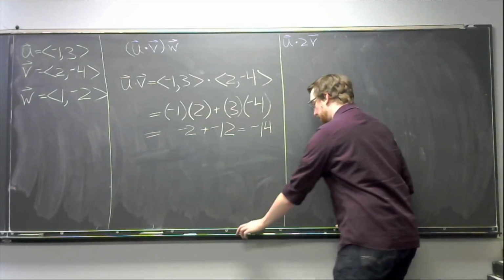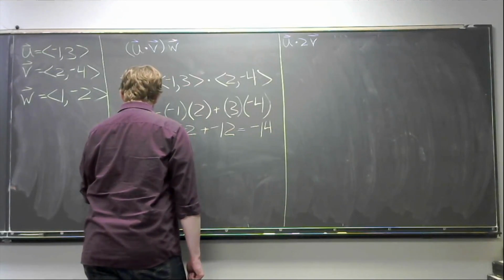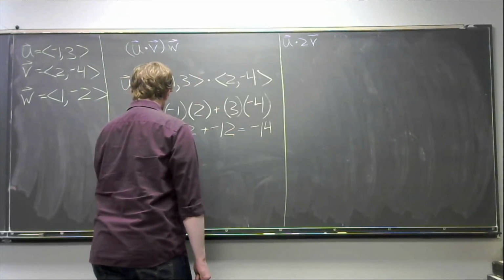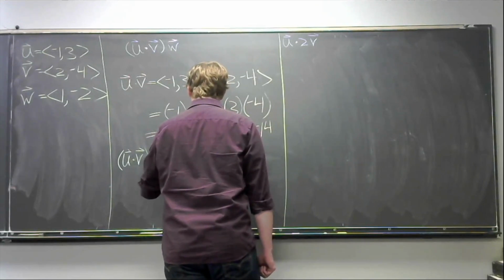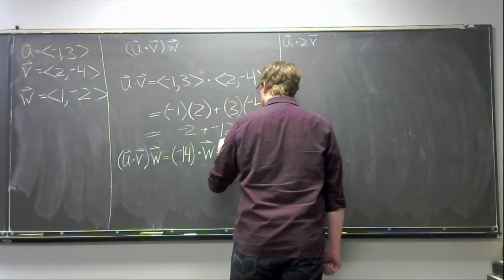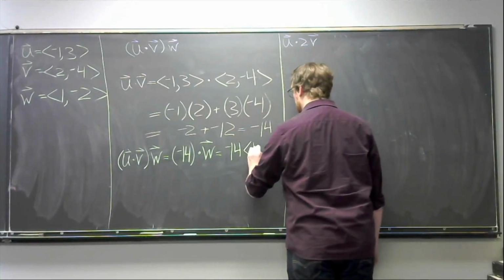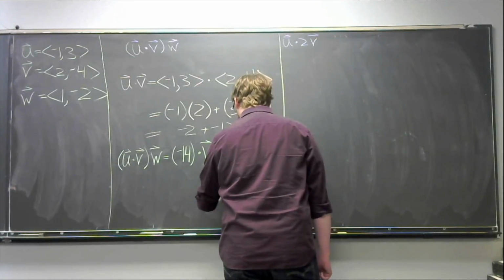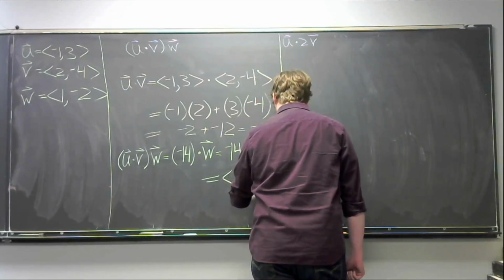U dot v times w is going to come out to be negative 14 times the vector w, which is negative 14 times 1, negative 2, which is going to come out to be negative 14, 28.